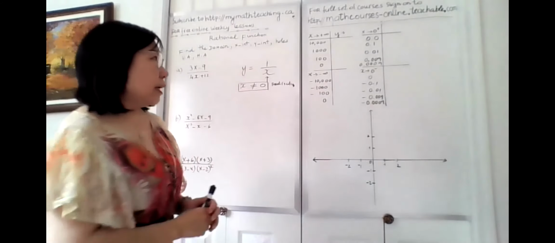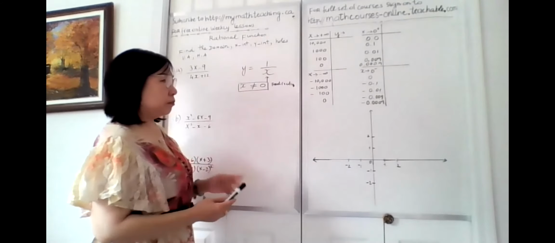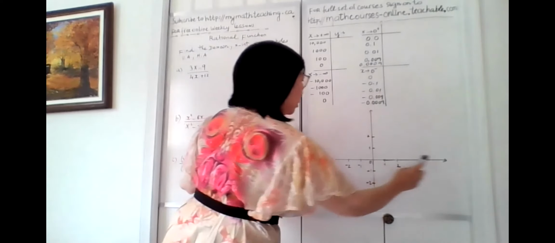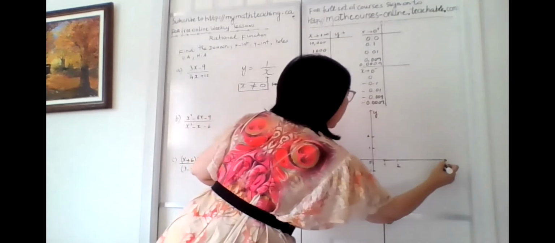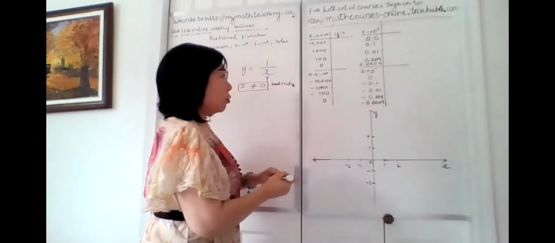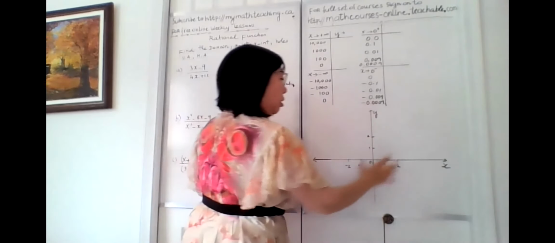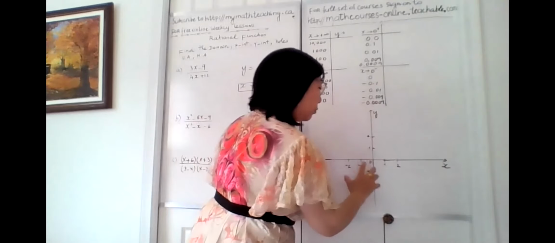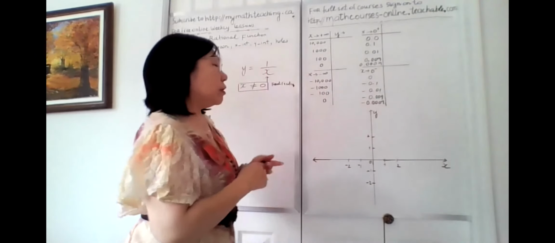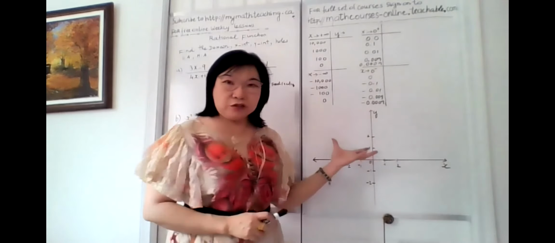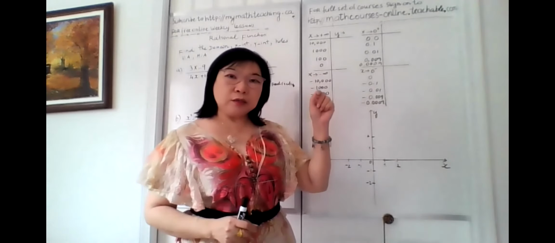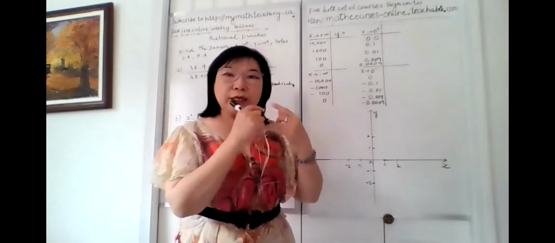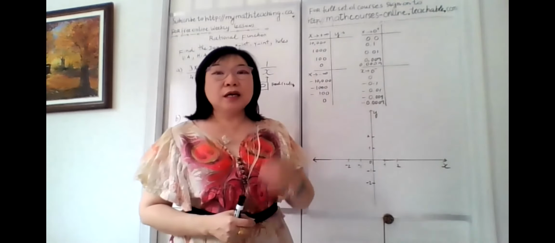So let's take a look at our coordinate grid, right? This is the y-axis, and this is the x-axis. So we are going to sketch this basic function on this coordinate grid here. Usually when we sketch the function, we base it on the table of values, the data table, and then we plot the points, where's the x, where's the y coordinate, then we connect them and make a graph.